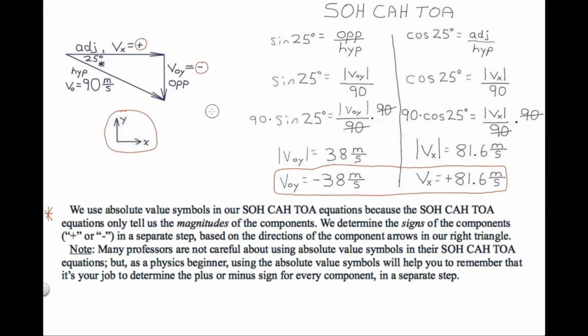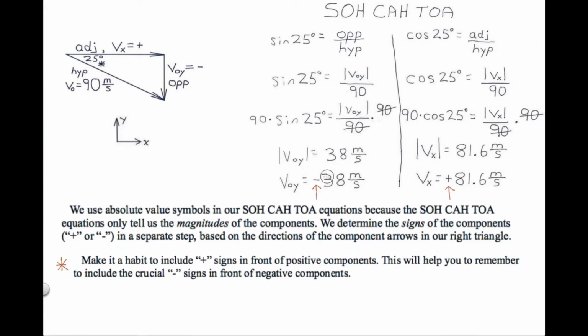We already decided earlier that v sub x is pointing in the positive x direction, so v sub x is positive. And we decided earlier that v sub 0y is pointing down, which is our negative y direction. So v sub 0y is negative.